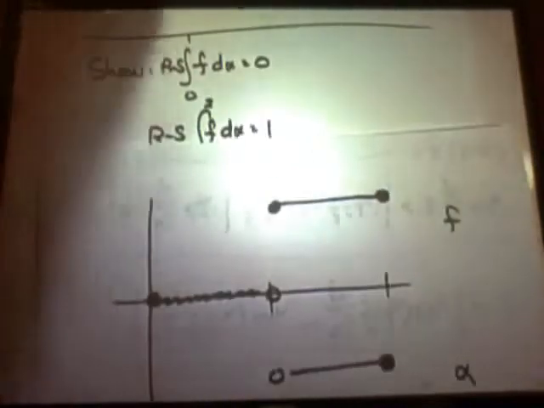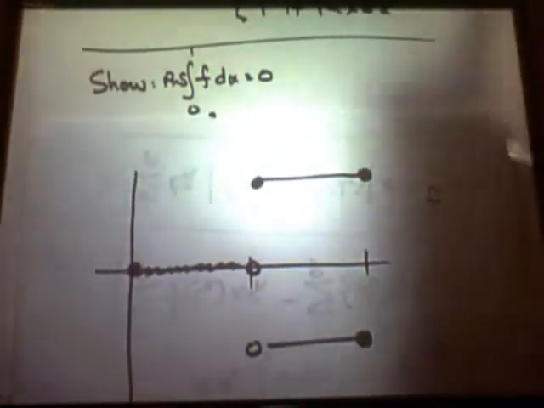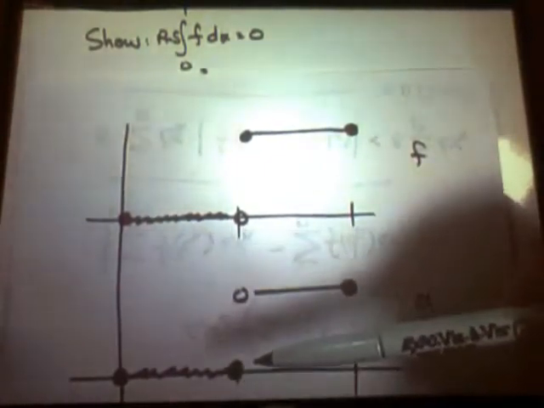Your only hope of having anything in the first integral would be to have alpha jump up at the same time, so the delta alpha and f were both 1 together, but they're not.